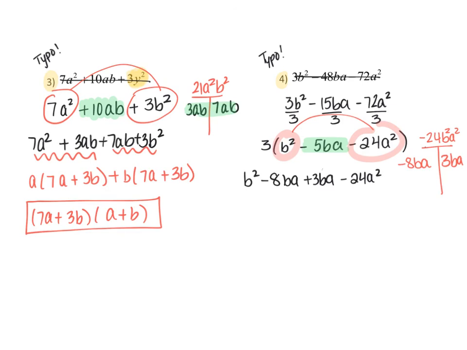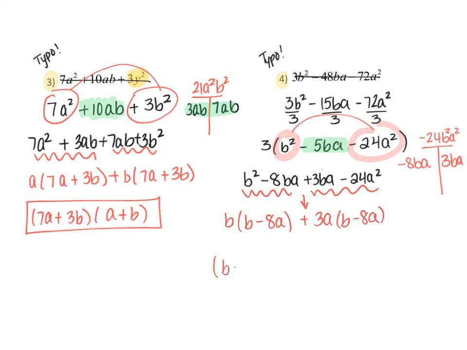Now, like I stated before, you could have switched these two values, but you should still get the same answer. So I'm going to go ahead and group the first two, group the second two, and bring down the sign in the middle. My GCF of the first two was b, and I'm left with b minus 8a. My GCF of the second two was 3a, and I'm left with b minus 8a.